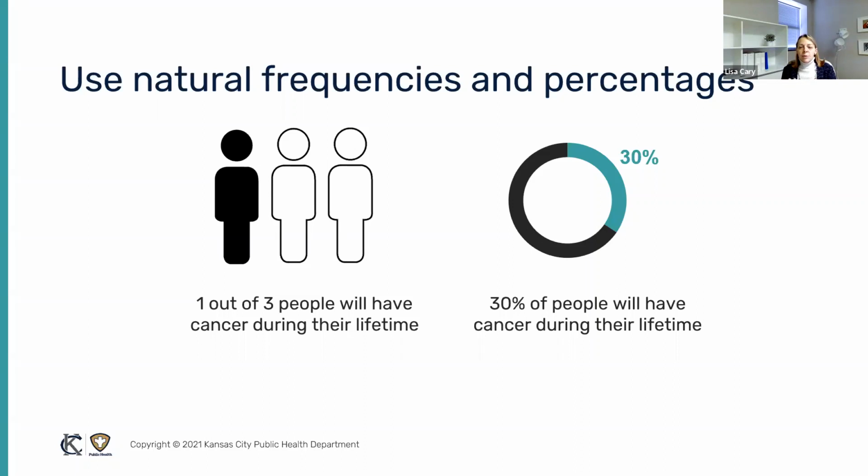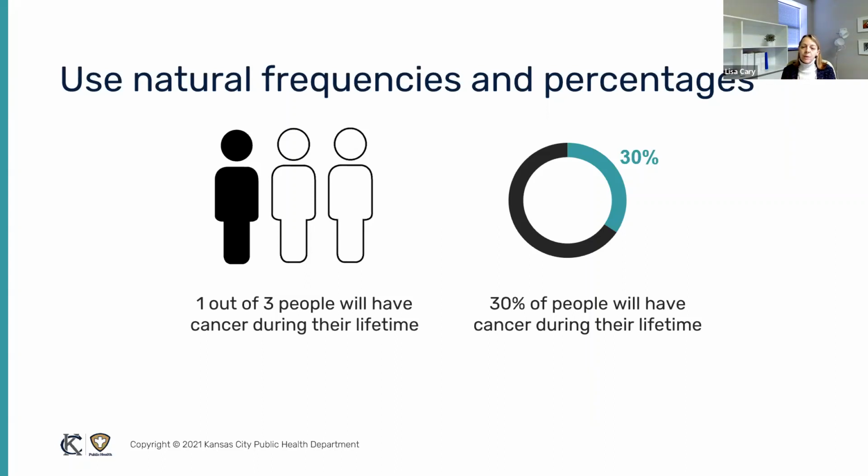On the other hand, some research suggests that readers with low numeracy may interpret numbers as more risky when they see a natural frequency, 1 out of 3, as opposed to a percentage of 30%. It could be because these frequencies elicit more emotional imagery, whereas the percentages are a little more abstract.